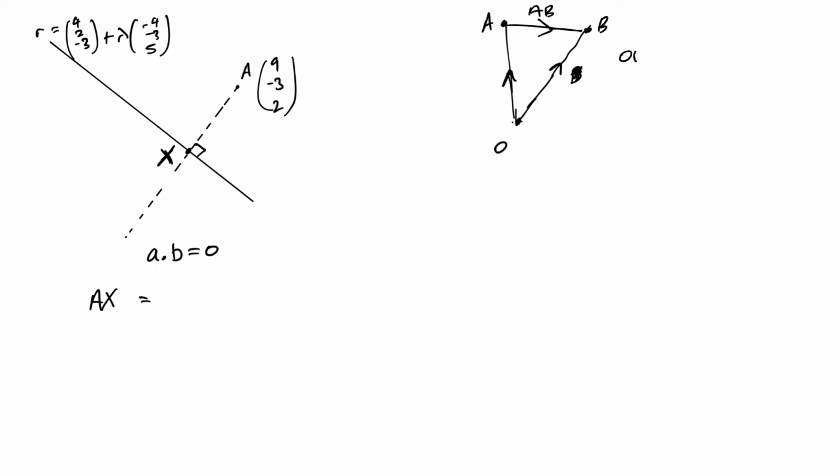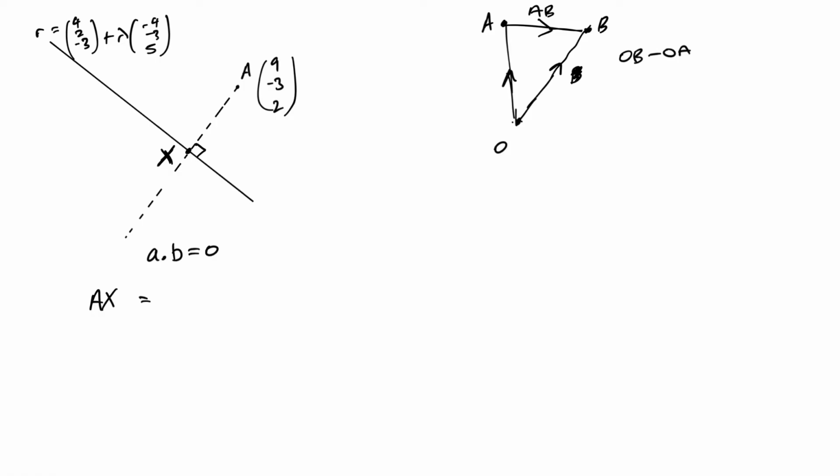So it's going to be OB minus OA. And this is very much the same from A to X. It's going to be OX minus OA. That's what I'm looking at. Yeah? So, you know, the origin is obviously off there somewhere, but OX minus OA.